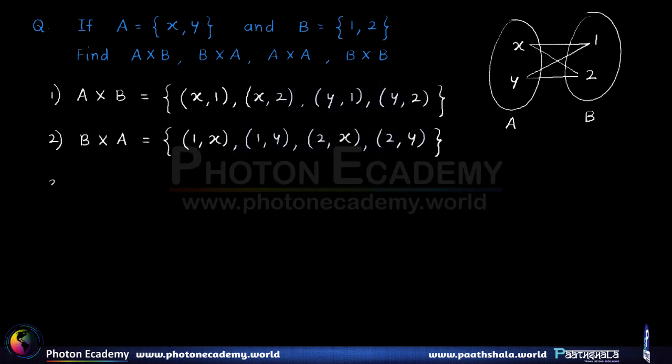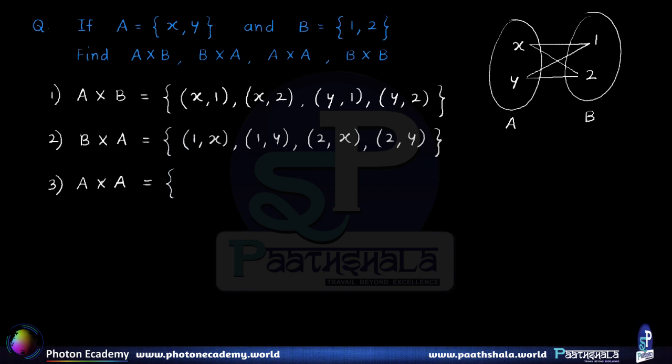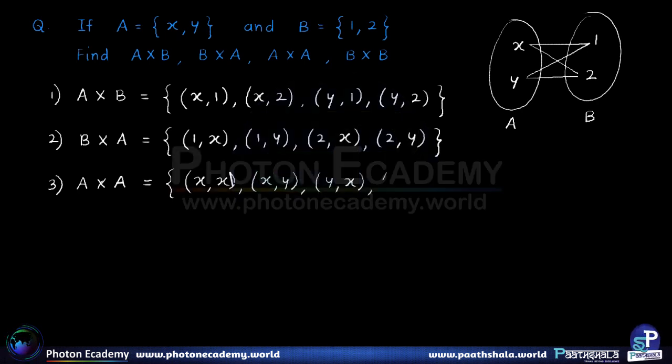Suppose we want to write A cross A. It is quite possible that both of the sets are identical. So the first set is A as well as the second set is A, and we have the elements x, y. The ordered pairs possible would be (x, x), (x, y), (y, x) and (y, y).